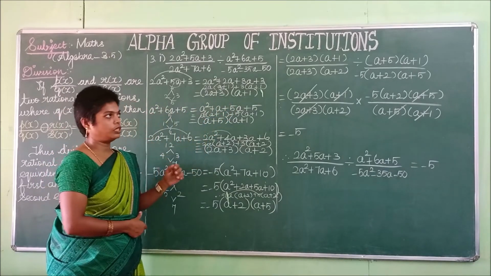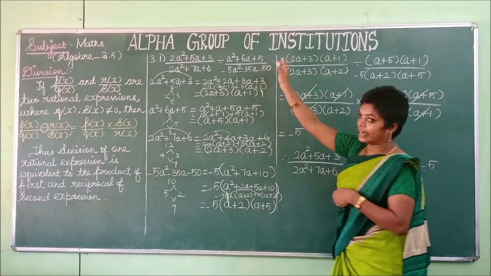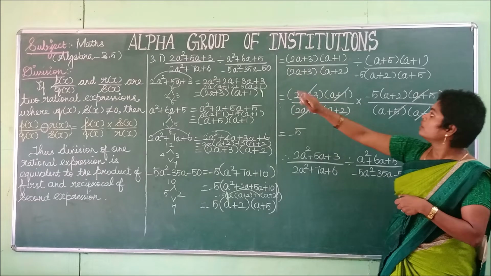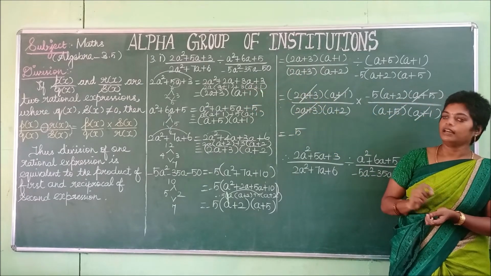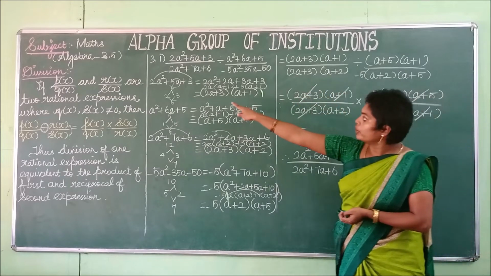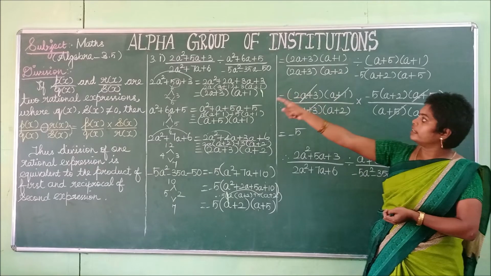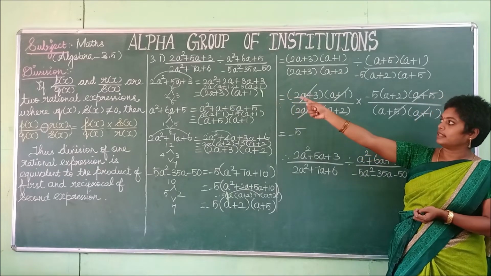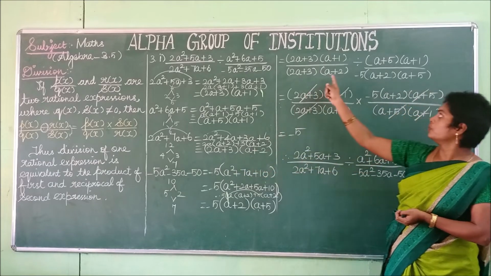Now you have to substitute in the given question. So here you have to write the question and put equal to. What is the first term? 2A squared plus 5A plus 3, which can be written as (2A plus 3) into (A plus 1). Then for the denominator, 2A squared plus 7A plus 6, which can be rewritten as (2A plus 3) (A plus 2).